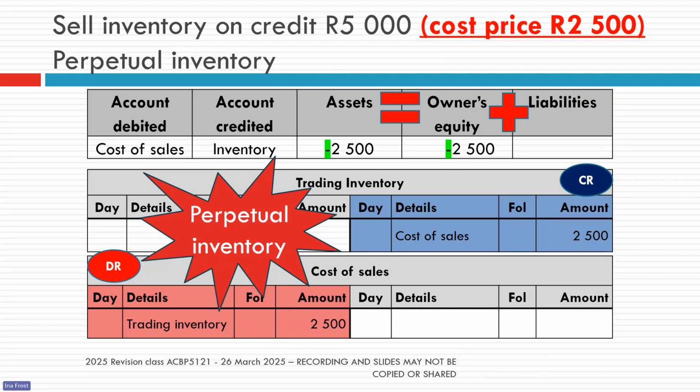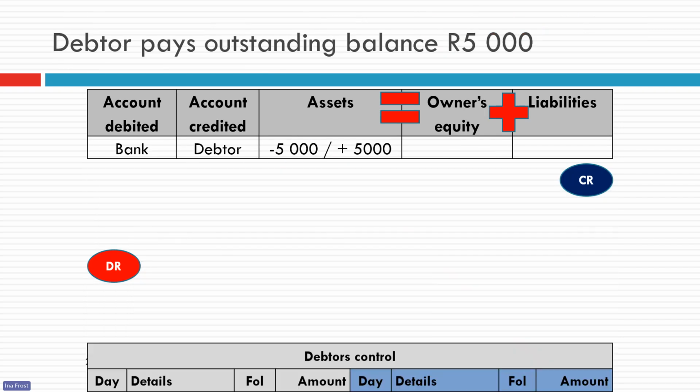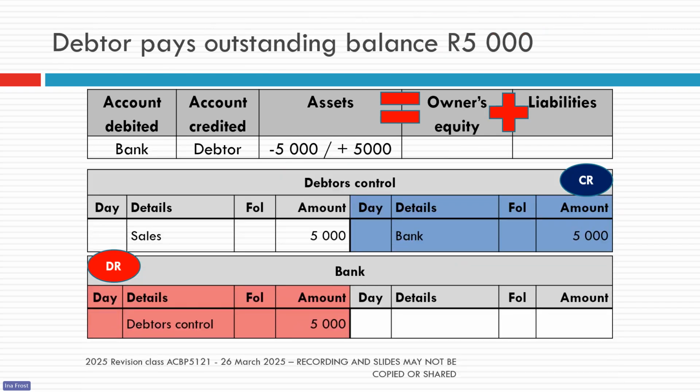Now our debtor owes us the 5,000 rands, and at some point they're going to come and pay us. Then we have that scenario again where the assets are both increasing and decreasing. Our assets increase because we're going to get 5,000 rand in cash from the debtor, but at the same time the asset called debtor is decreasing.